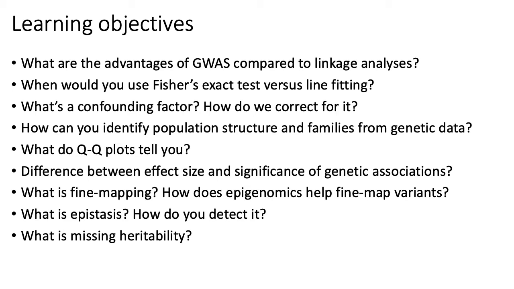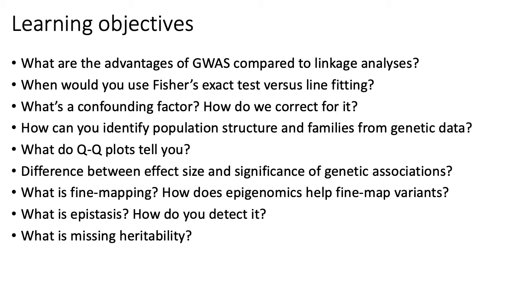One of the biggest challenges historically with these genome-wide association studies is dealing with what are called confounding factors. And so we'll discuss briefly what those are and what are some of the basic strategies for correcting for them. We'll also discuss a little bit about how to identify population structure and families from genetic data. So population structure is one of the biggest confounding factors of most genome-wide association studies.